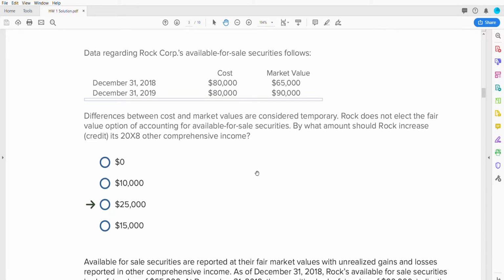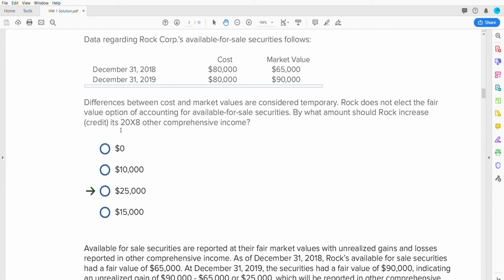Next question, we have Rock Corp tracking their available for sale security, and the question asks, by what amount should Rock increase its 2018 other comprehensive income? I believe the question actually meant to ask what amount it would increase if it was the 2019 other comprehensive income.